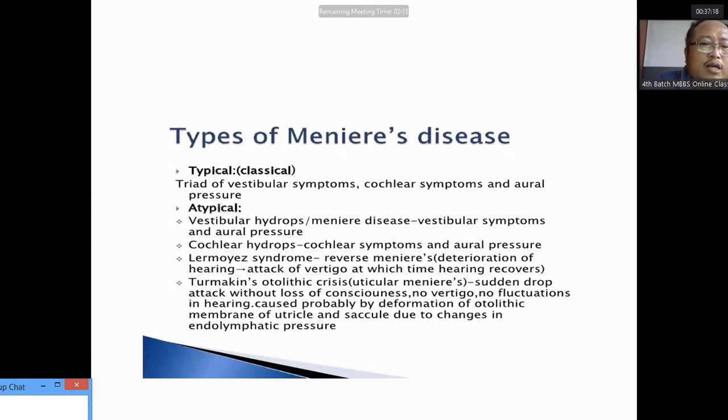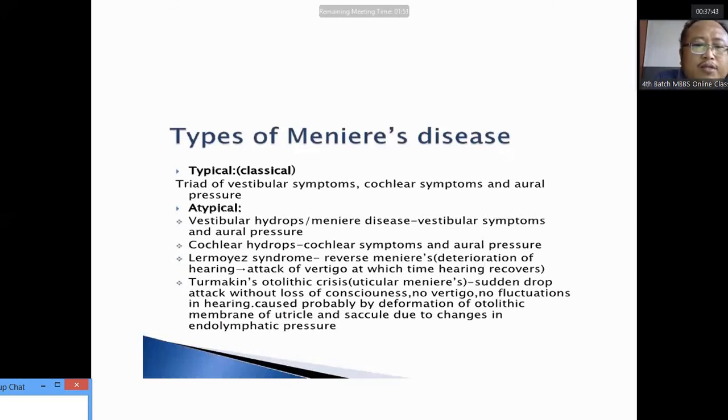Sometimes, atypically, patients may come with only the vestibular syndrome and aural pressure, and it is termed vestibular hydrops. In cochlear hydrops, only the cochlear syndrome is there, meaning a hearing problem may be there, but the patient might not have vertigo, only a sense of ear pressure and hearing loss.